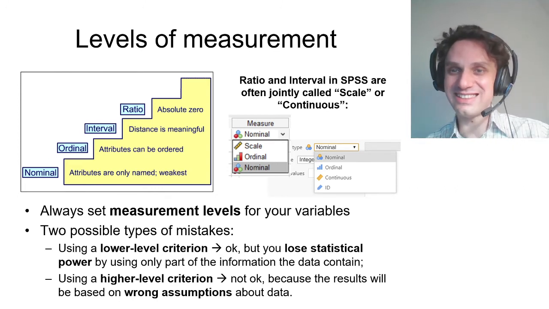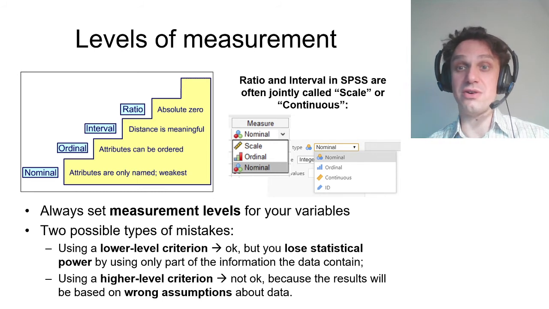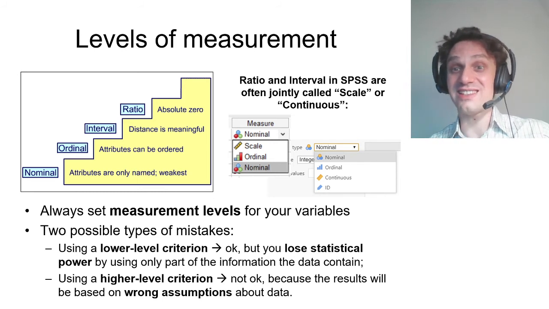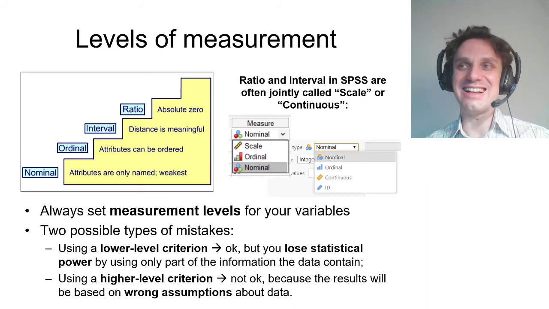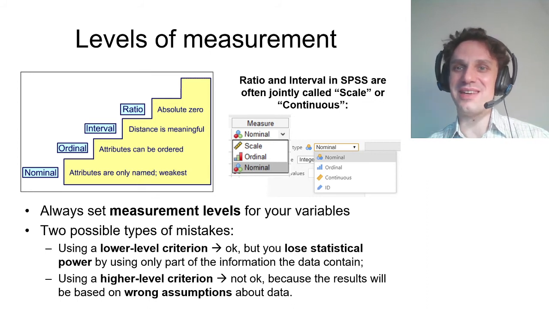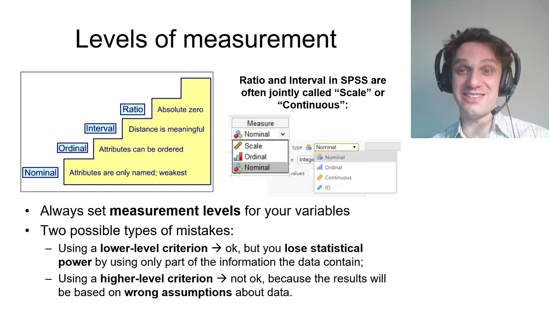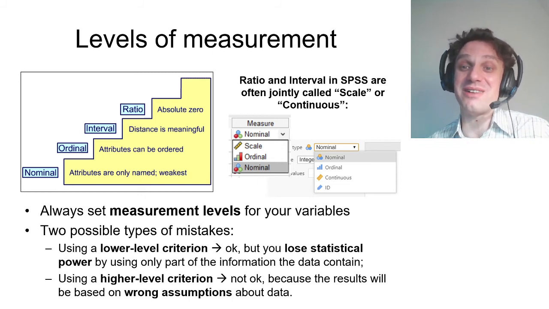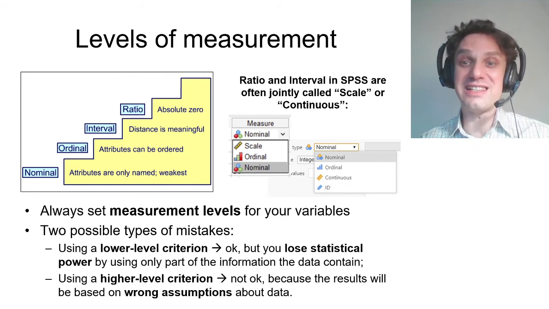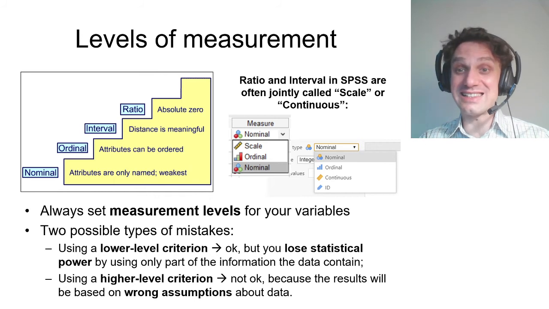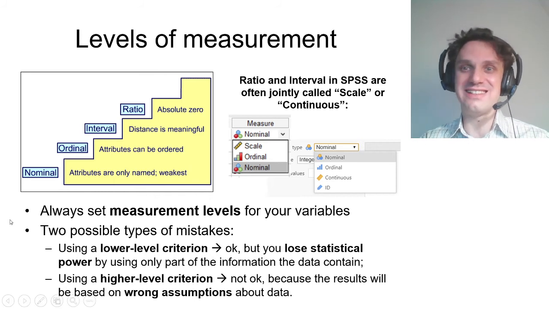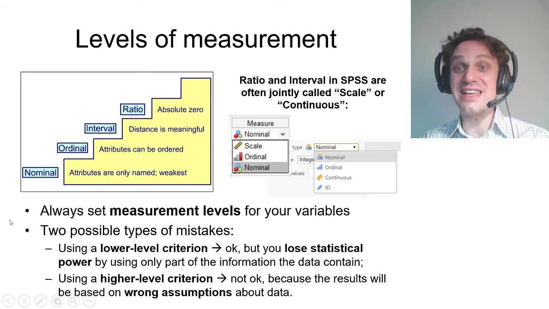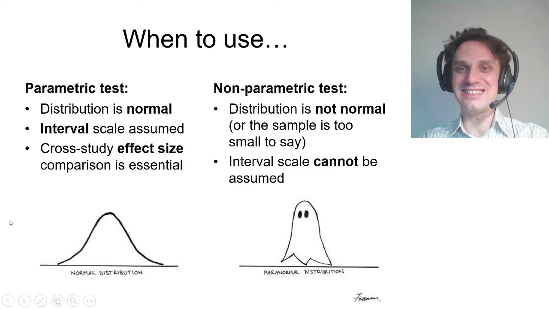However, an inverse situation, when you have an ordinal scale, but you treat it as if it were interval, may be a bad idea, because your statistical procedures will be making assumptions about your data that are wrong, that are not supported by the nature of the thing that you are measuring. And as a result, you might have biased or misguided conclusions. That's why it's best to choose a statistical test that corresponds to your level of measurement.